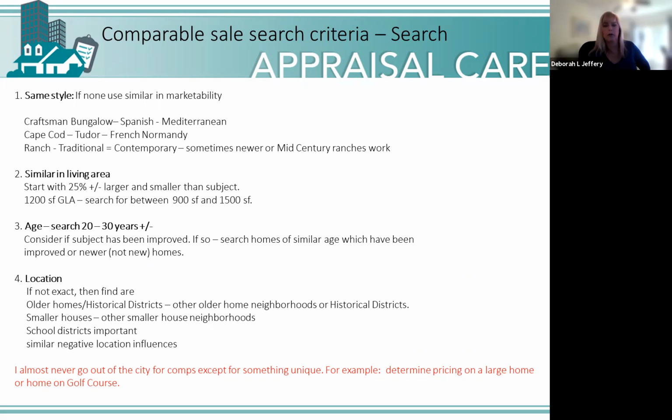So I might have to really expand my boundaries to find those. Sometimes you can't find enough that are similar in age, so you may have to use some older homes that are maybe remodeled. Maybe they're an older home, but they have a similar effective age because they've been remodeled and they're practically like a new home.